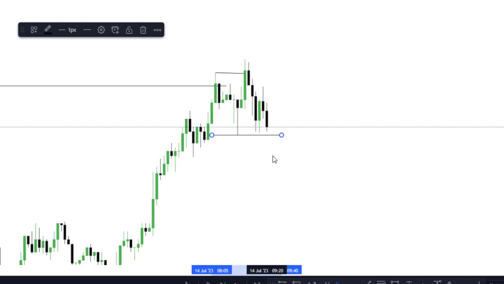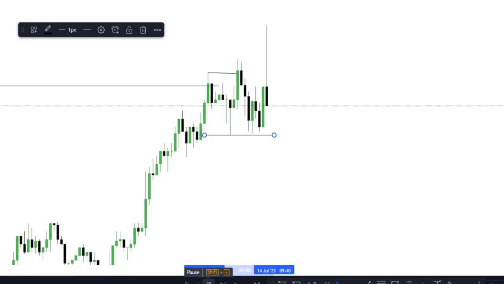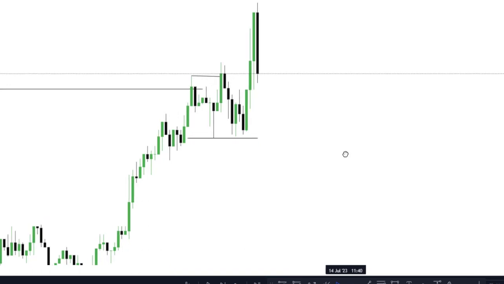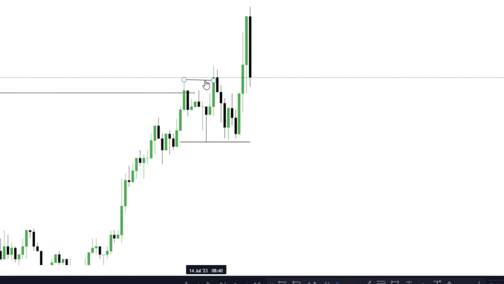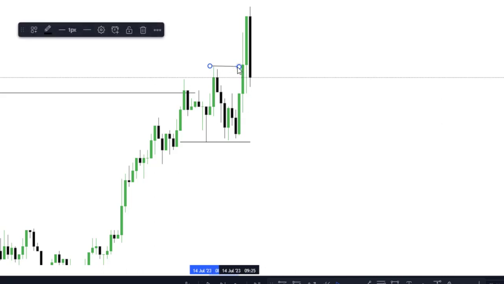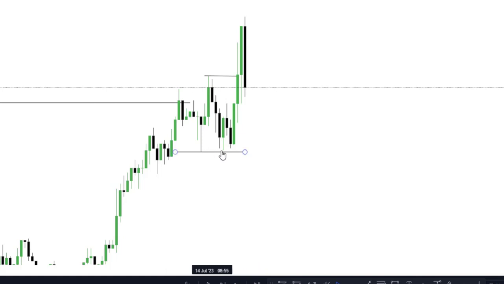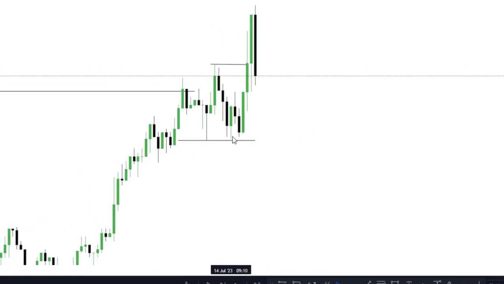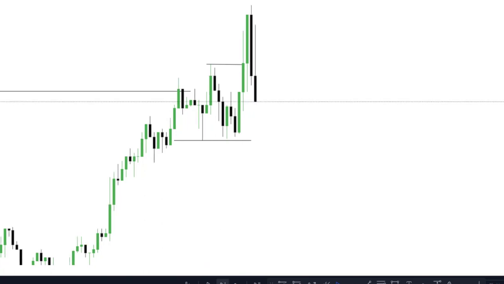So we like to see this low being taken out before we can say that we have our market structure shift. If we replay these charts again, you can see we have now created another high. So price has not taken out our low, so our market structure shift is not yet valid.